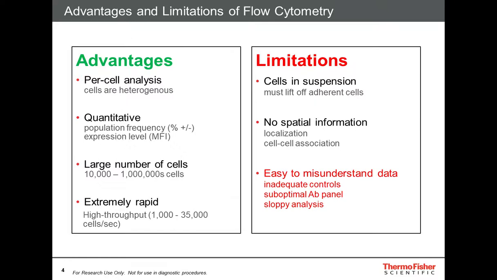I get this all the time from clients and students who tell me that, you know, I've had 30 years of experience, so they want me to look at their data or they want me to analyze their data. And what I want to present today is that you don't have to have 30 years of experience to get good flow cytometry data. This data is not subjective.